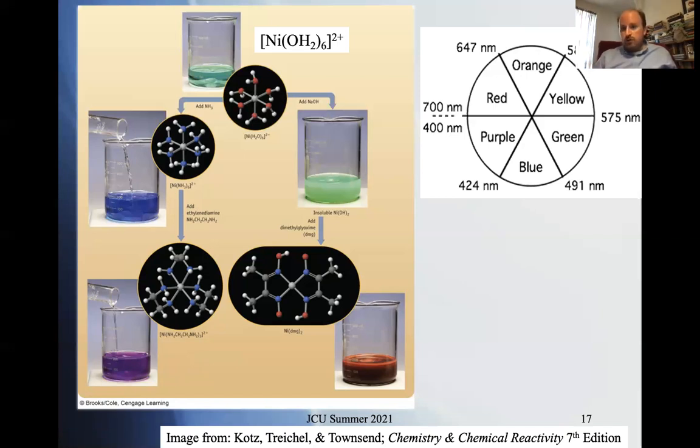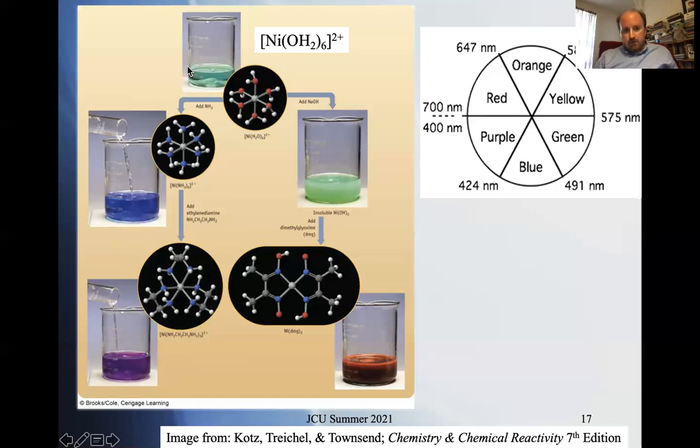H2O and OH2 are the exact same thing. I just rearranged the letters, right? Now, you don't need to worry about this formalism for the report. I'm just showing it to you here so you see what that looks like, right? So in this case, Ni(H2O)6 or Ni(OH2)6 are exactly the same thing.